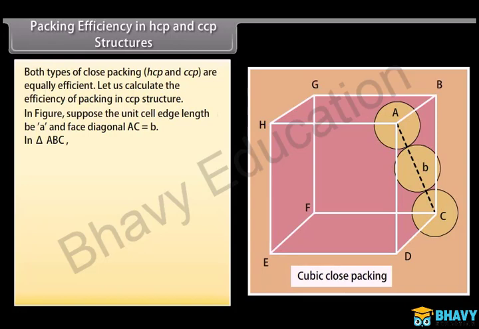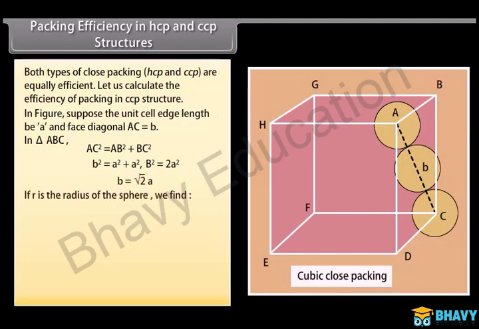In triangle ABC, AC square is equal to AB square plus BC square, or b square is equal to a square plus a square, or b square is equal to 2a square, or b is equal to square root 2 a. If r is the radius of the sphere, we find b is equal to 4r, which equals square root 2 a, or a is equal to 4r upon square root 2, which is equal to 2 square root 2 r.